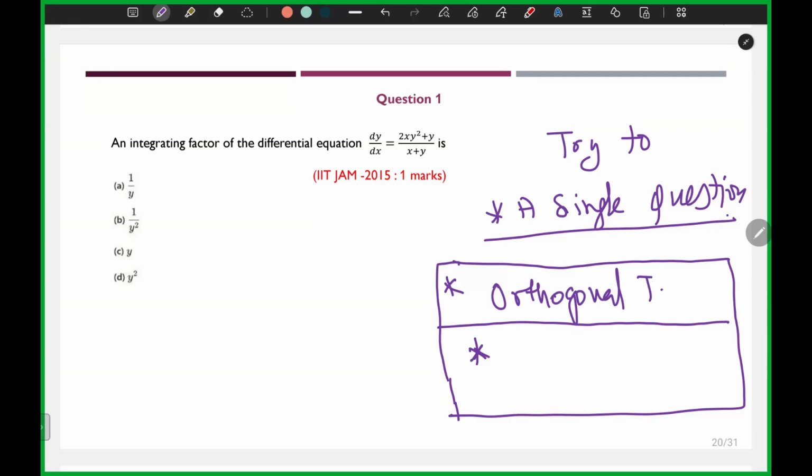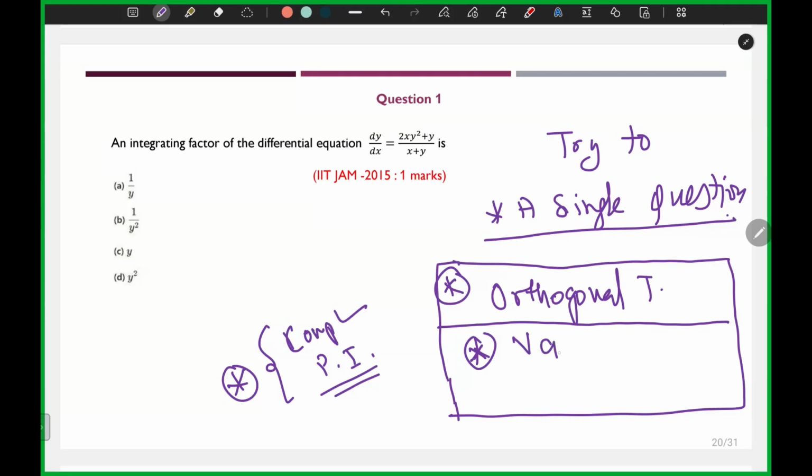And finding complementary function, not complementary function, but basically different cases of particular integral. Complementary functions and that particular integral part, right? Okay. Anything else? And the method of variation of parameters. Okay. And linear differential equations with constant coefficients and variable coefficients. Okay, fine.